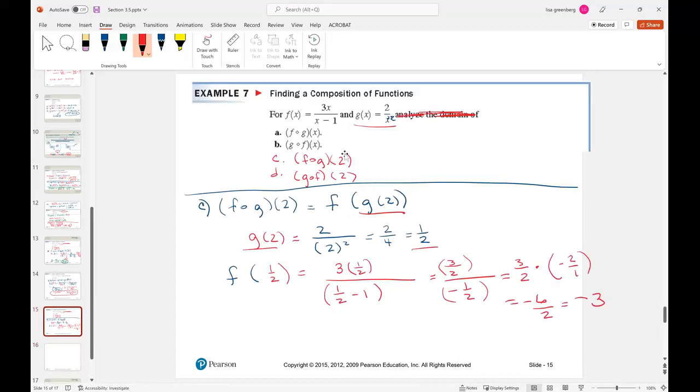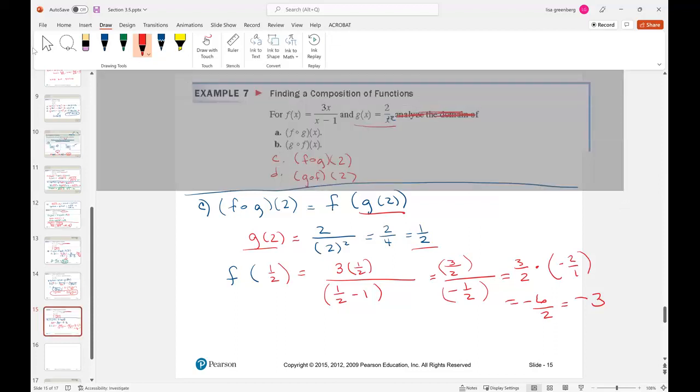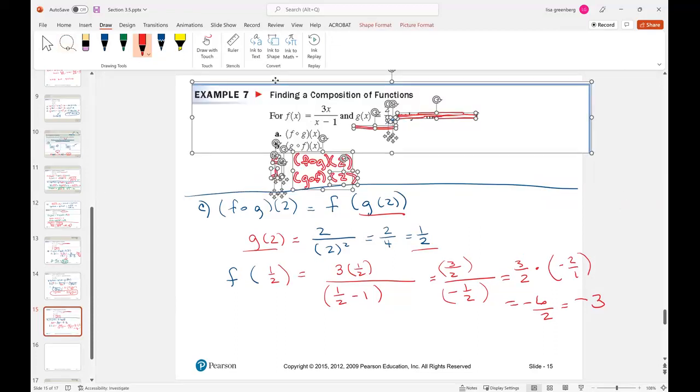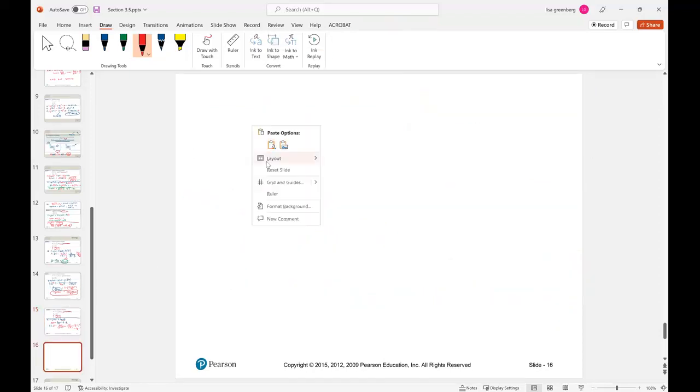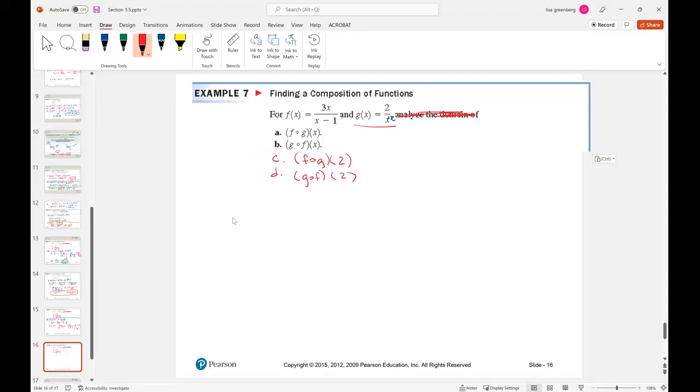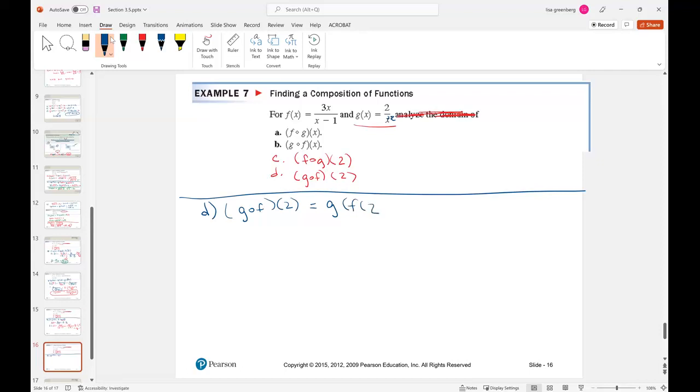So D is, I need to copy this whole thing again. So now we want to do D. If I want to do D, then I have G composed with f of 2, which is equal to G of f of 2.